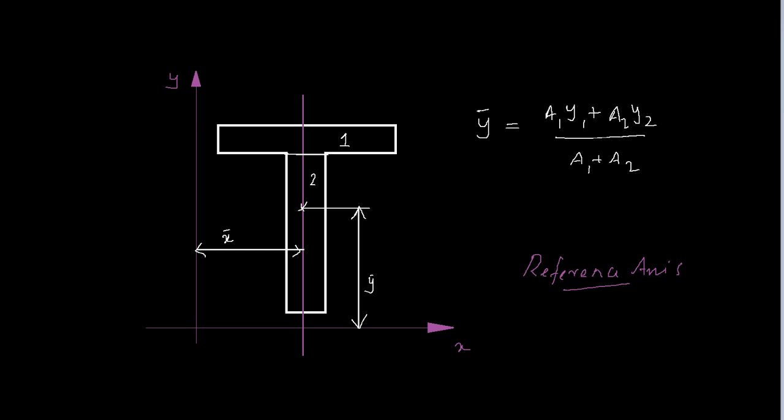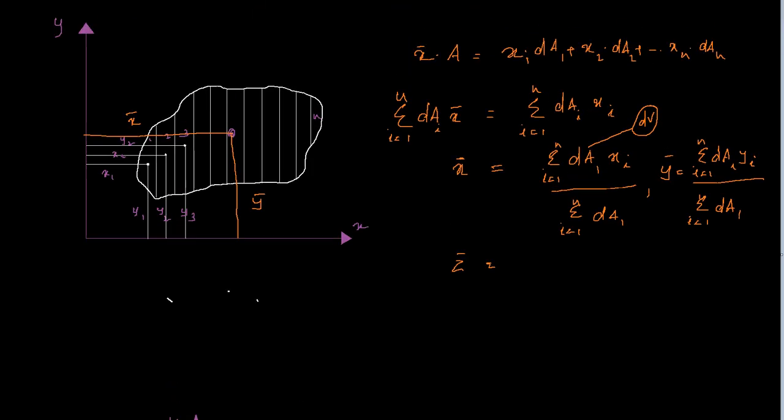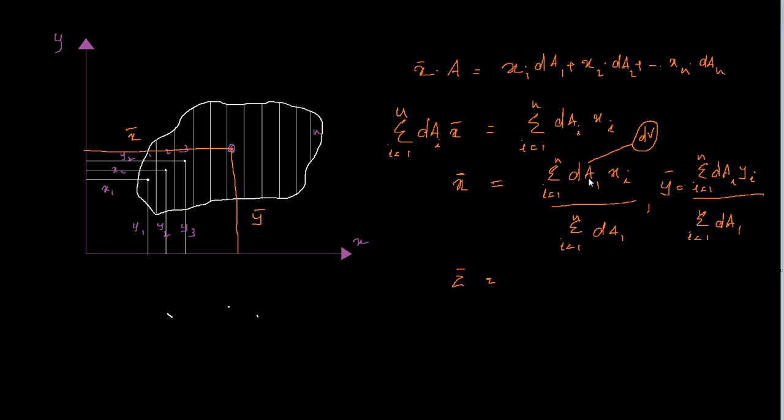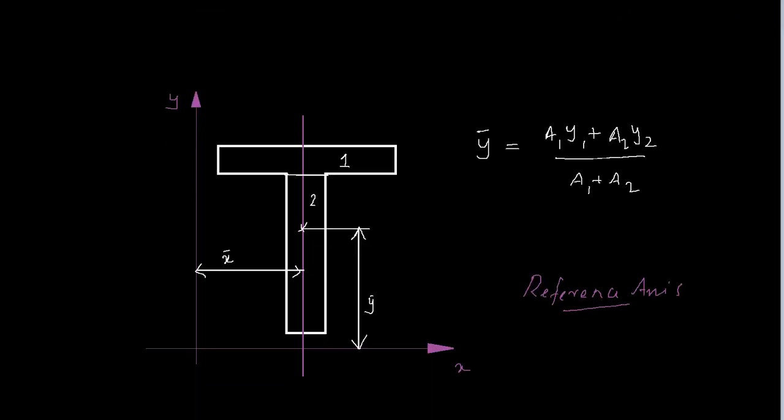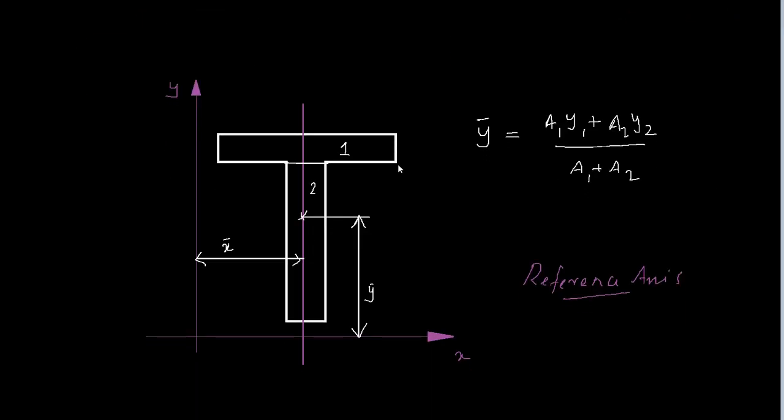It's the same equation that we just derived above, where A1 x1 plus A2 x2 is the summation i equal to 1 to n dA xi, and A1 plus A2 plus A3 etc. So it's just the same equation, and you're just replacing with y bar because you've got your x bar already established, and you just need to find the value of y bar.